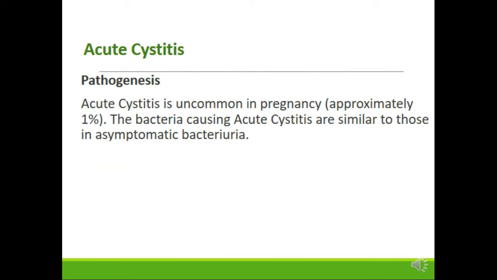Acute cystitis. Acute cystitis is uncommon in pregnancy, about 1%, and the bacteria causing acute cystitis are similar to those in asymptomatic bacteriuria.